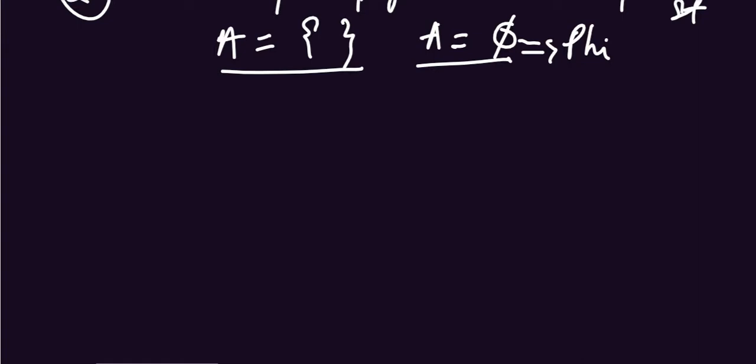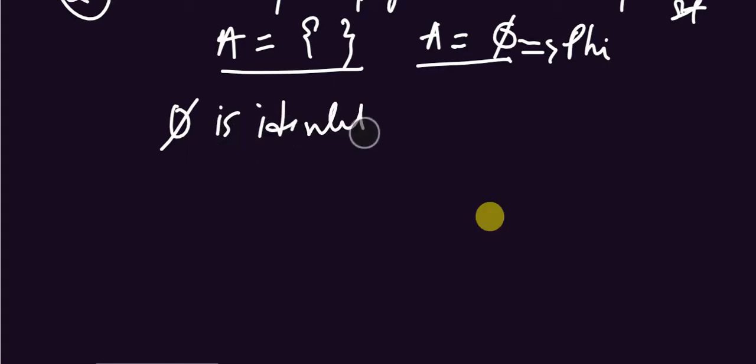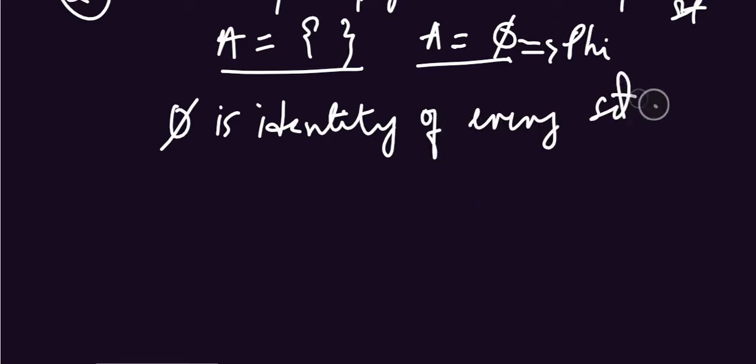Note, the null set is the identity of every set. For an example of a null set, I am giving you the set of natural numbers less than 1.